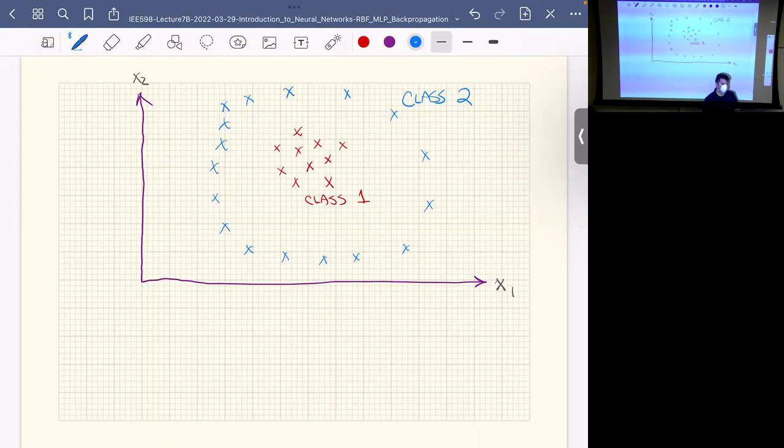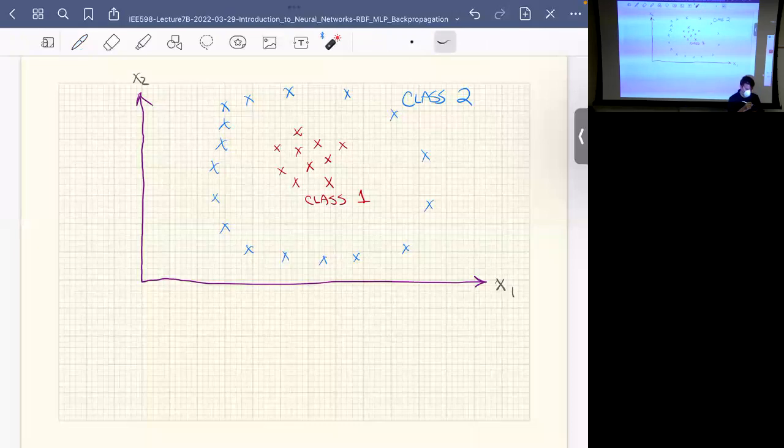Well, what the radial basis function does is it allows us to reshape this space so that the reshaped space is linearly separable. That's one way to say it. It might be simpler to say, well, what if I just create a center? So maybe imagine I've got a center here, and maybe another center here.